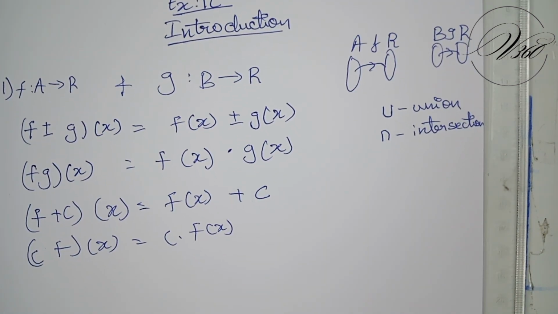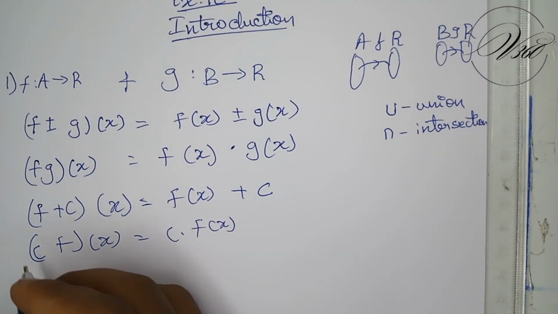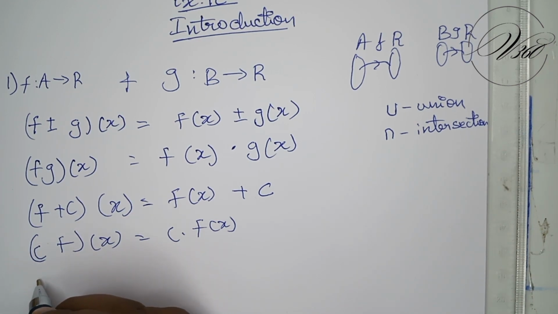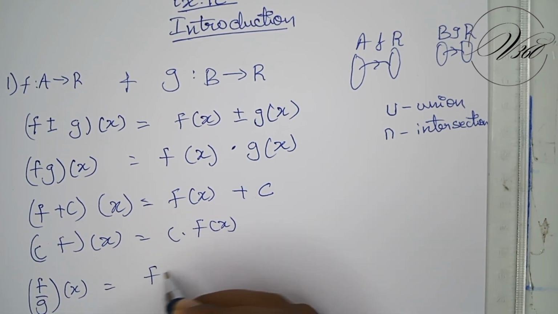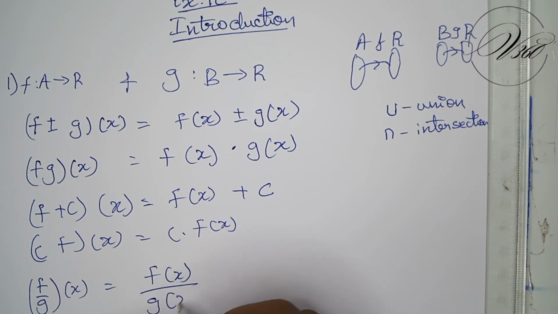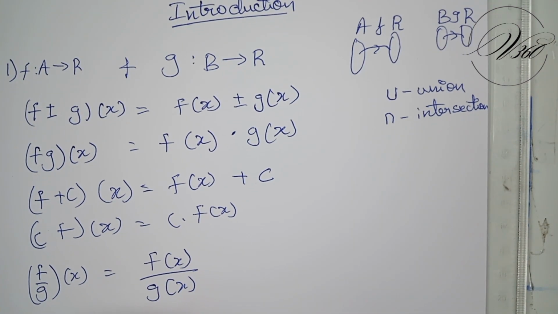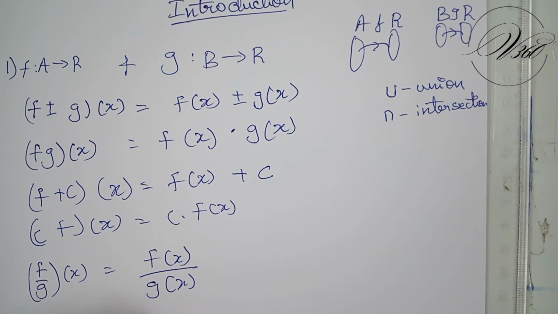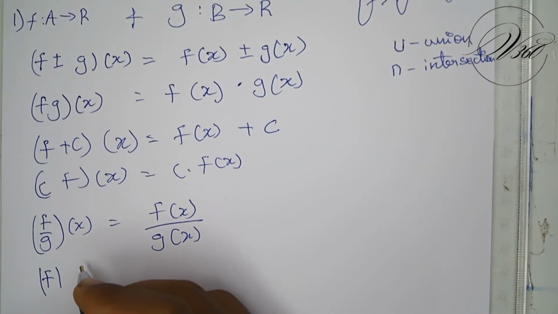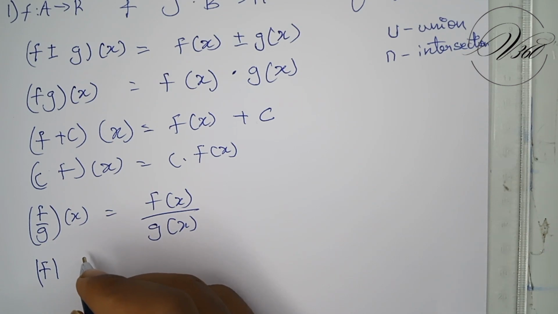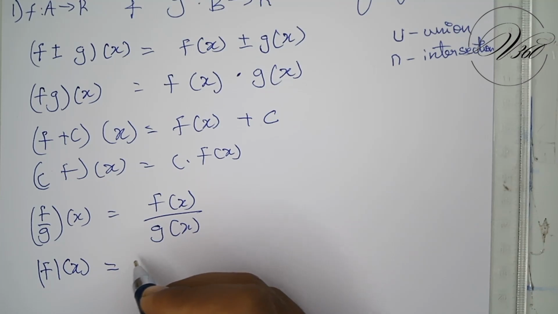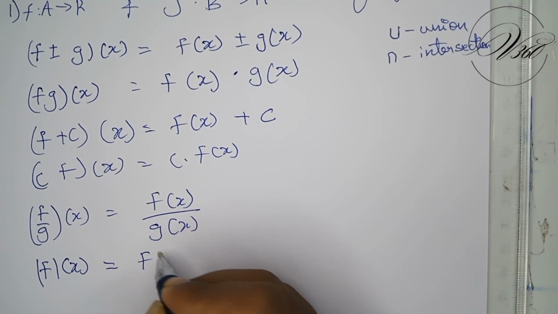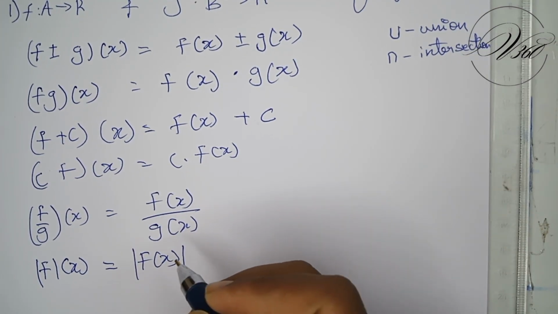Okay, now the fifth formula, that is f by g of x is equals to f of x by g of x. Now the next formula, that is modulus f of x is equals to f of x whole modulus.